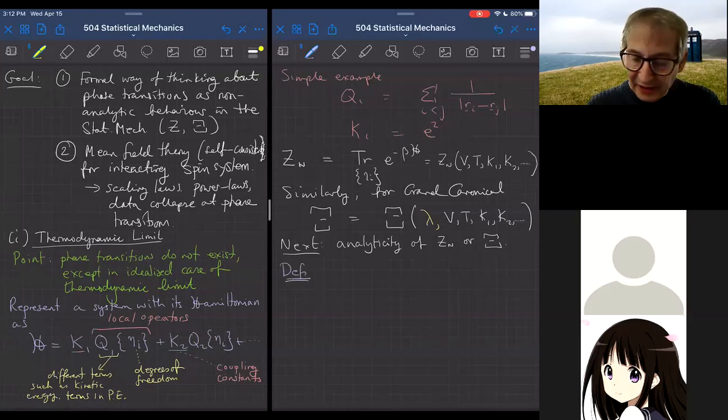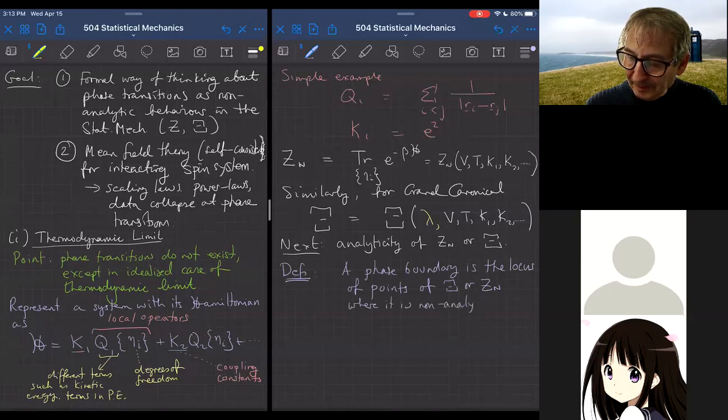So the definition is this: a phase boundary is the locus of points of chi or z, depending on where you are, where it is non-analytic in its arguments.